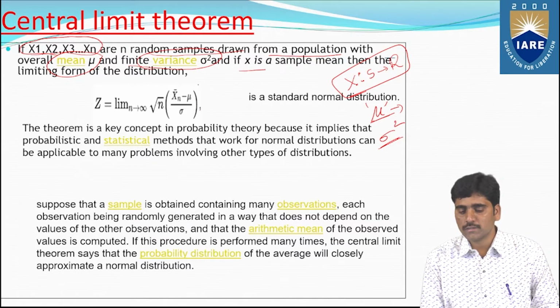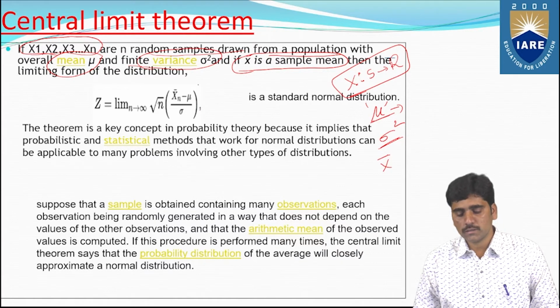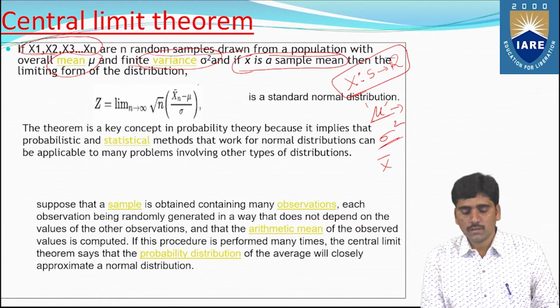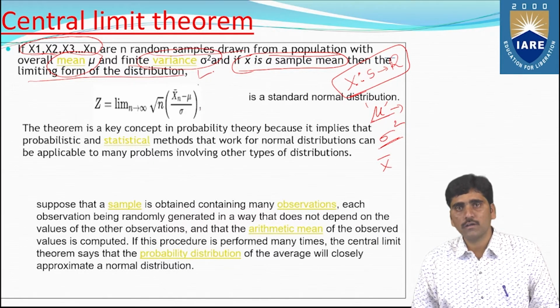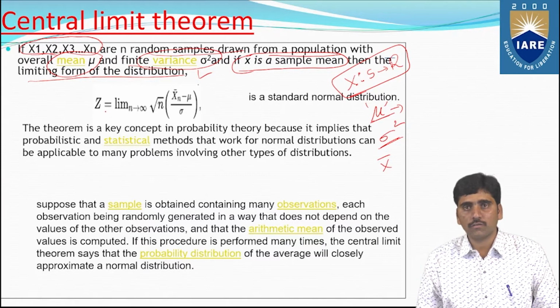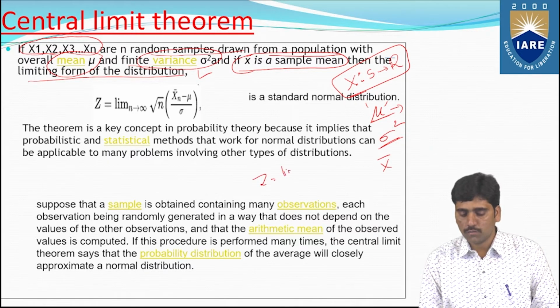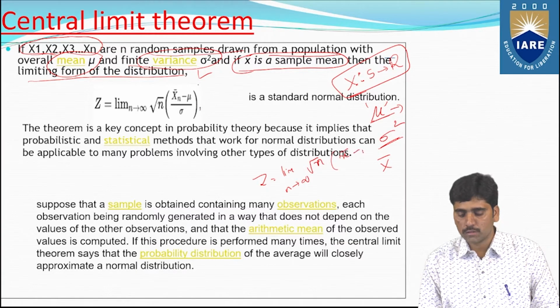And if x bar is the sample mean, then the limiting form of the distribution, you can write it as z equals limit n tends to infinity root n of x bar minus mu by sigma.